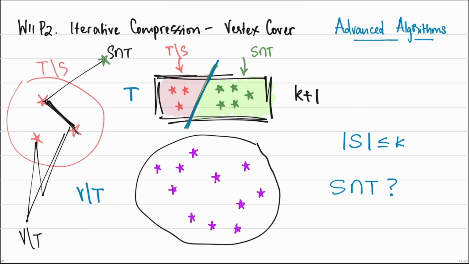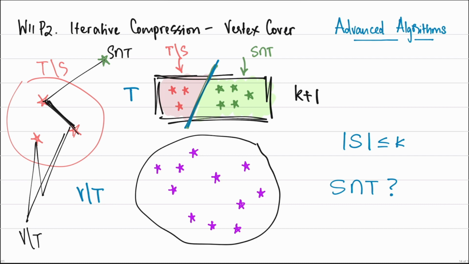There's no way that we can cover this edge having decided to pick neither of its endpoints, right? So if your choice of S intersection T is such that there is an edge in T minus S, then you can immediately discard this guess, right? This is not going to work. This set here cannot be extended to a vertex cover given our decision to not pick anything from T minus S. So if you see an edge in T minus S, that's an easy case. Just chuck this guess and move on to the next one, okay?